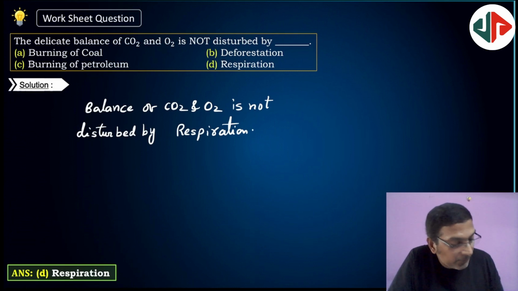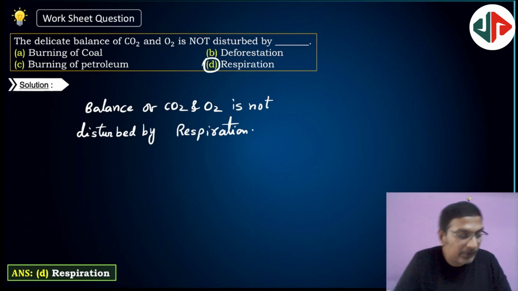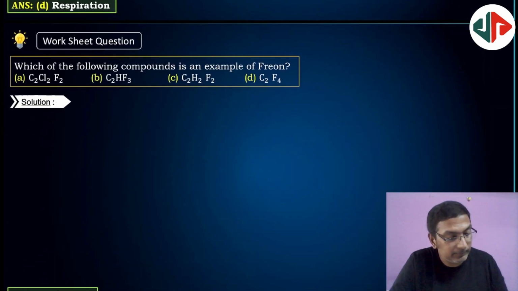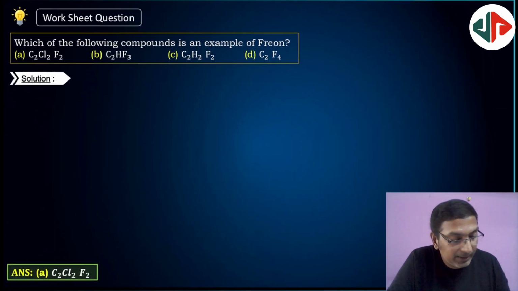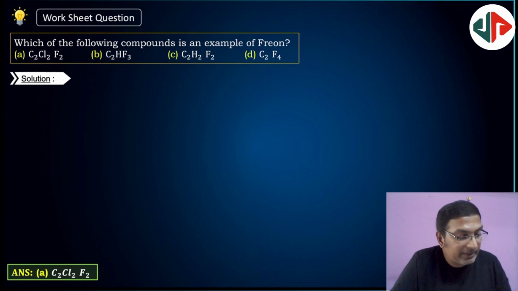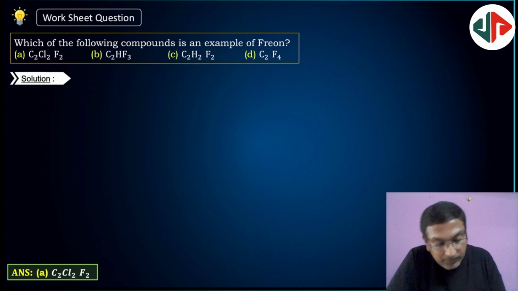Respiration. Option D. Next. So which of the following compounds is an example of freon? Freon means CF2Cl2.